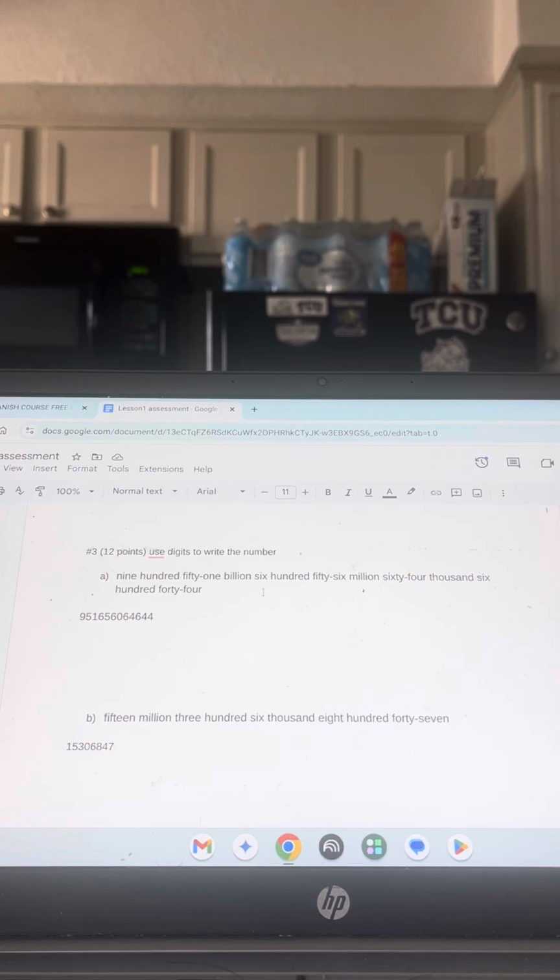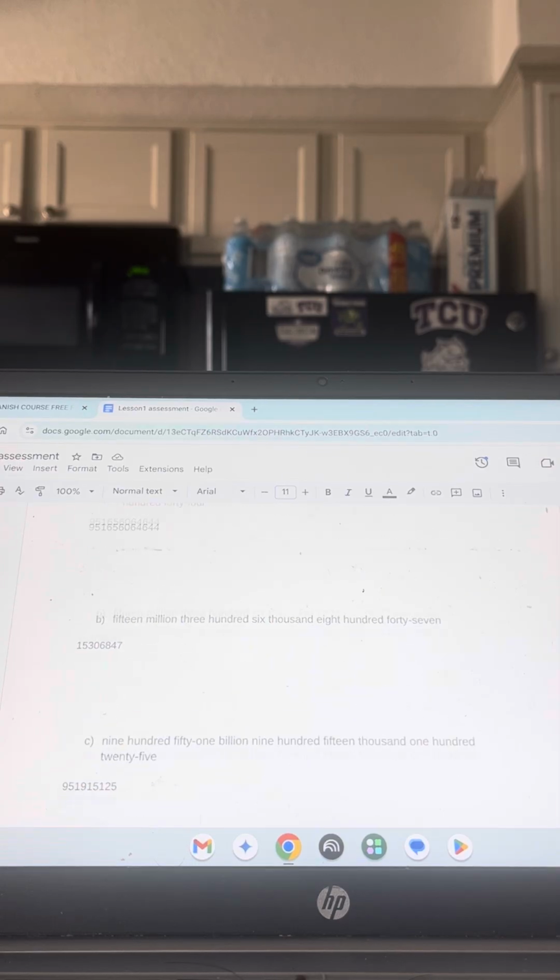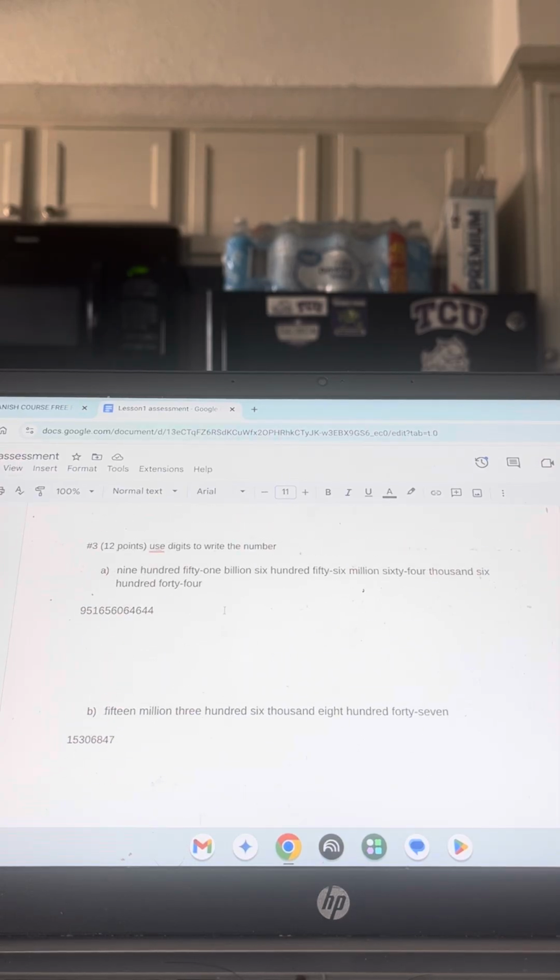Let's look at number 3 now. Let's look at part A. Use digits to write the number 951 billion, 656 million, good job, 64,644. You got part A correct, so I'll give you full credit for part A. You got 4 points for that one.